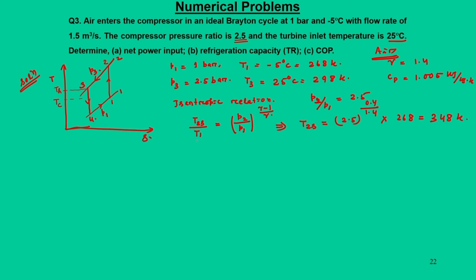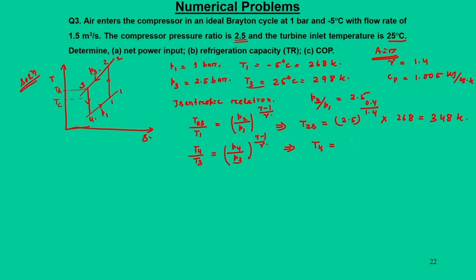Similarly, from the turbine side we can write T4 by T3 is equal to P4 by P3 to the power gamma minus 1 by gamma. So, this will give you T4, because T3 is given.